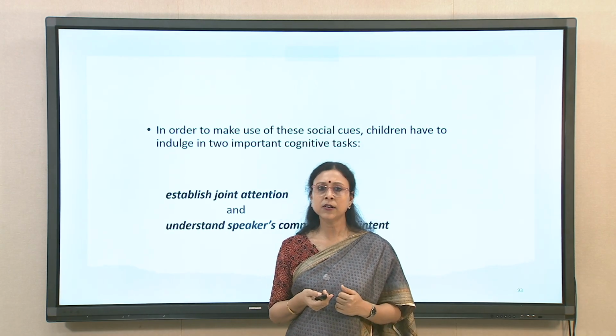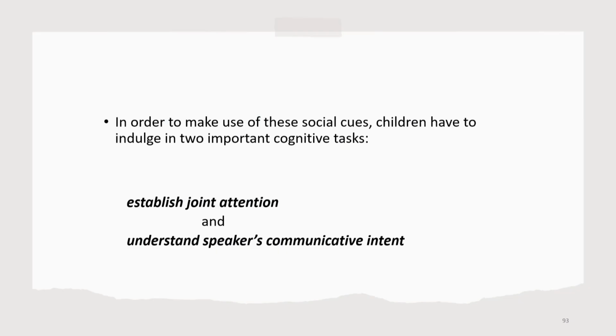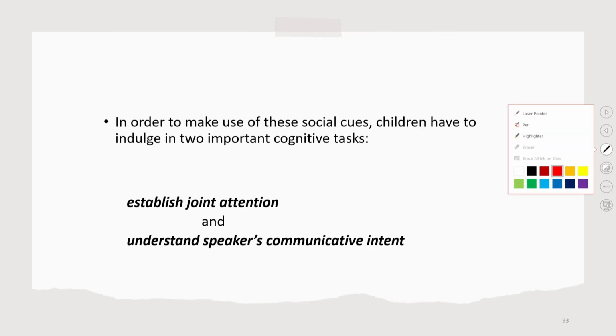In order to make use of these social cues, children have to indulge in two cognitive tasks. One is to establish joint attention and understand the speaker's communicative intent. When we talked about joint attention, remember we talked about two kinds: one was initiating, the other was responding.